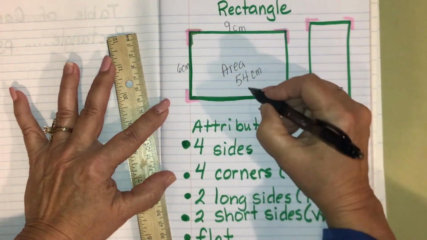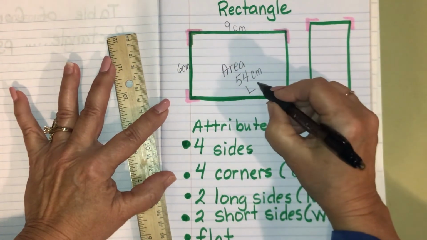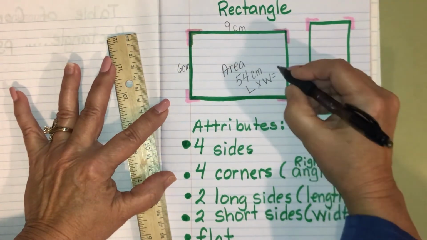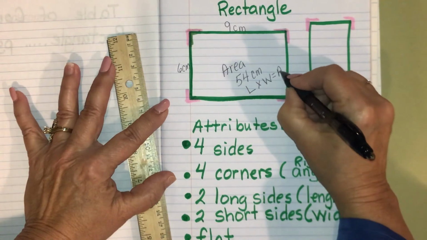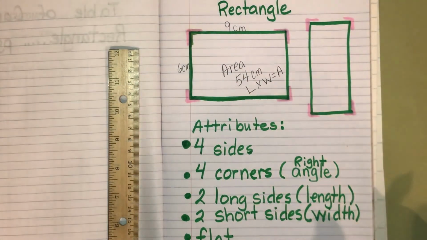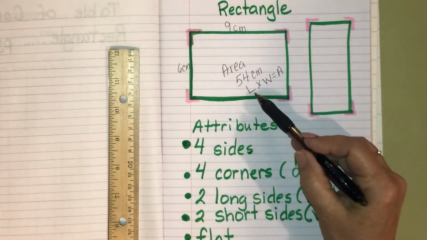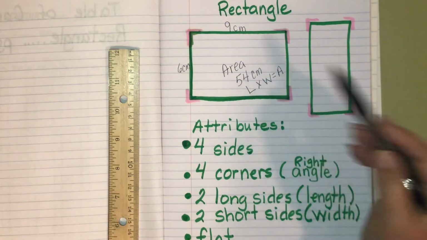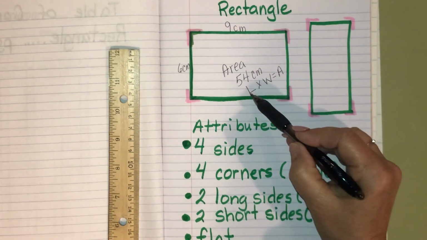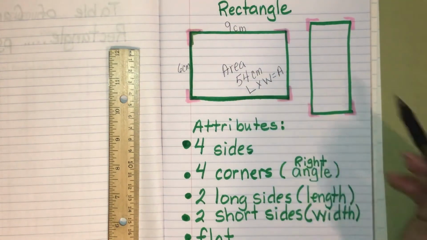The way that we figured that out is length times width, and that's going to equal the area. Some people think that math is all about numbers, but letters are also very important in math as well. So we've got cm for centimeters, length times width equals area.